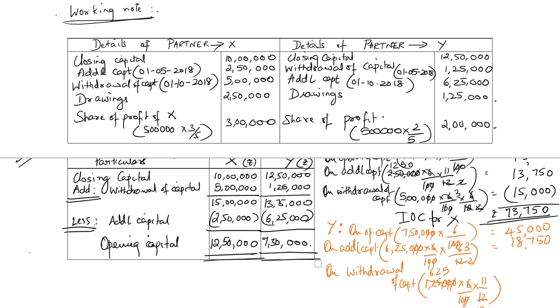Which is equal to 625 into 11, which is equal to 6,875 rupees to be deducted.